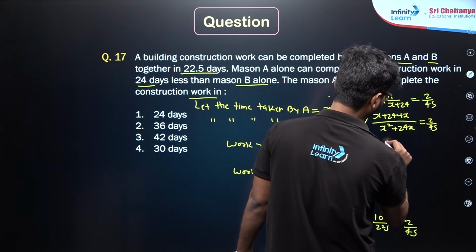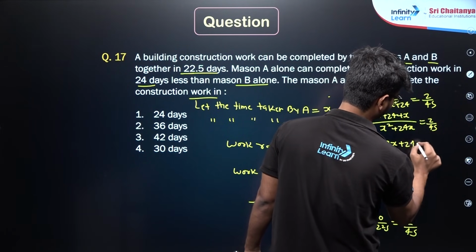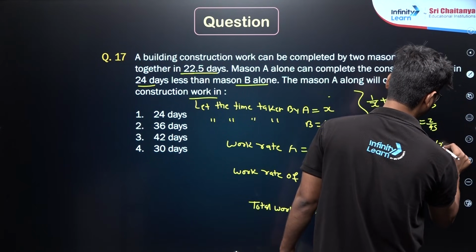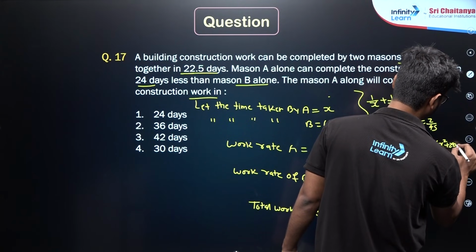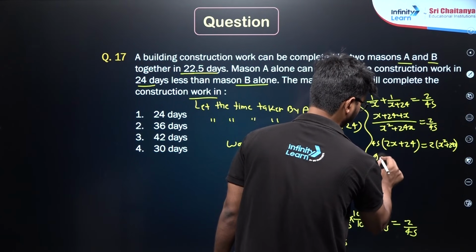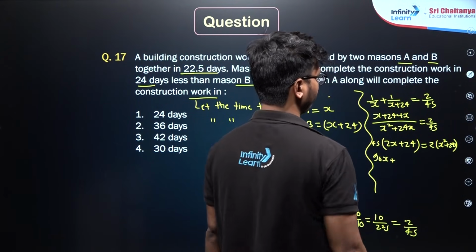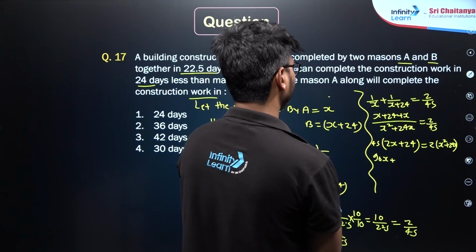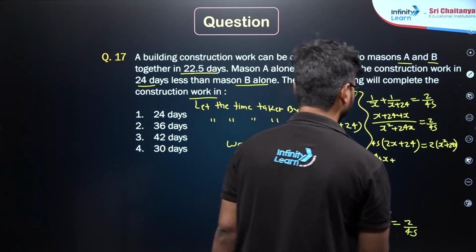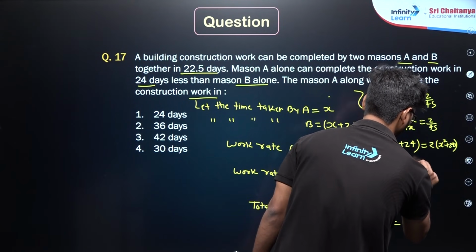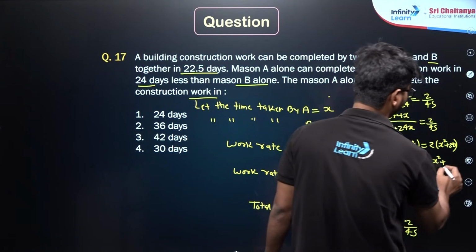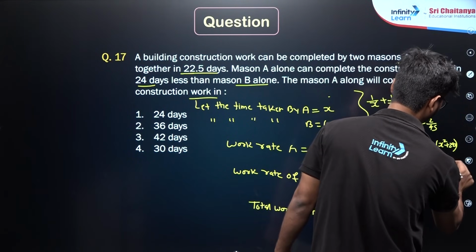So it will be 2x plus 24 multiplied by 45 is equal to 2 multiplied by x square plus 24x. So it will be 45 2s are 90x plus 45 into 24, which is 1080, and here it will be 2 times x square plus 48x.